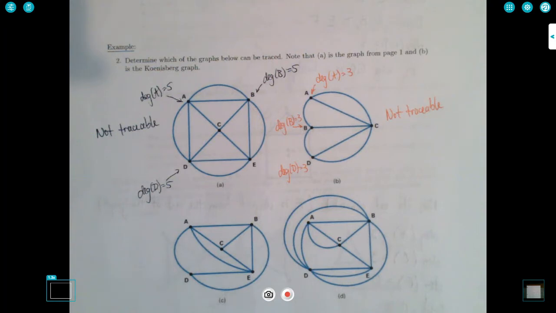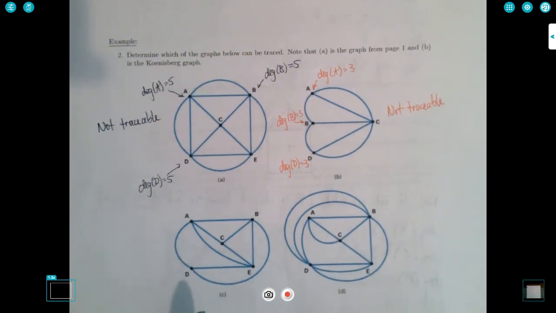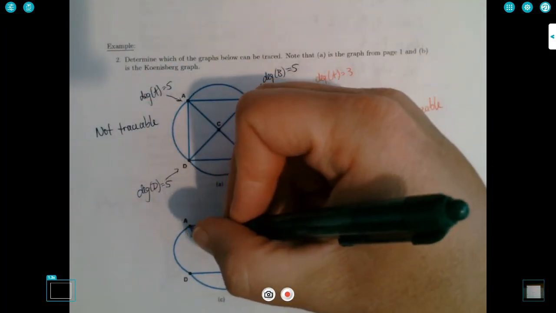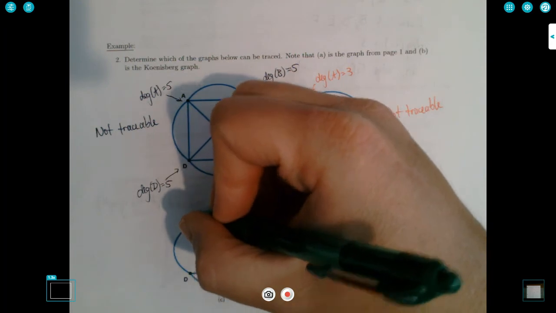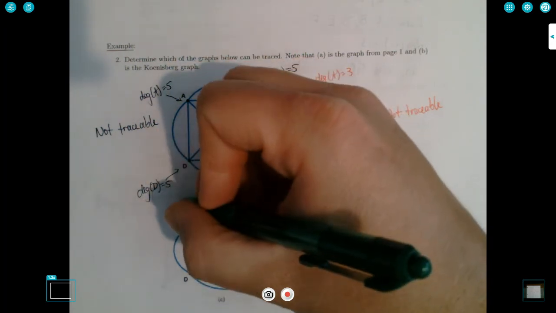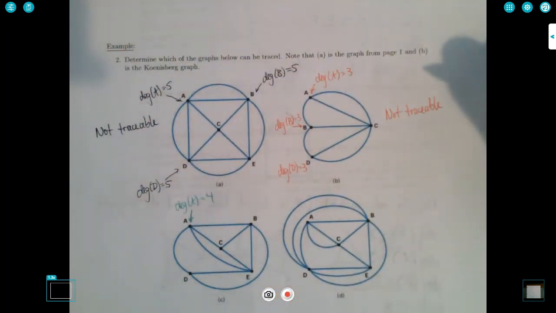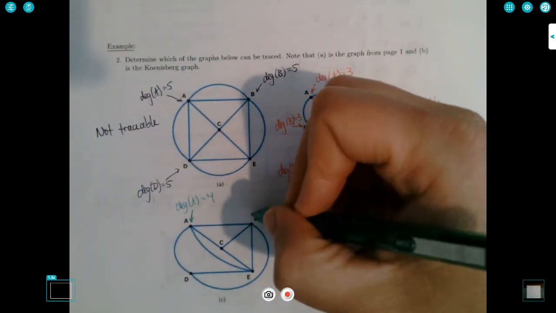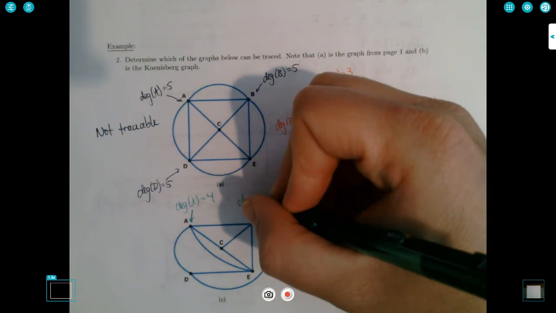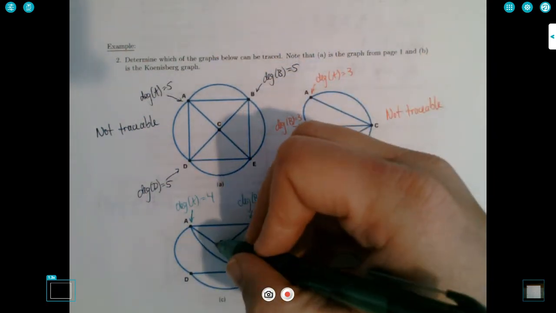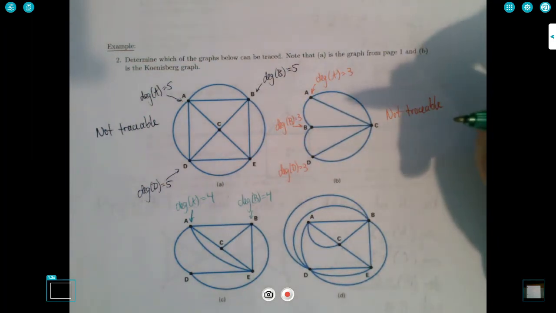Okay, let's look at another. Part C. Okay, so number of edges. I've got 1, 2, 3, 4. Okay, that's good. For B, 1, 2, 3, 4. Still looking good. For C, 1, 2, 3.